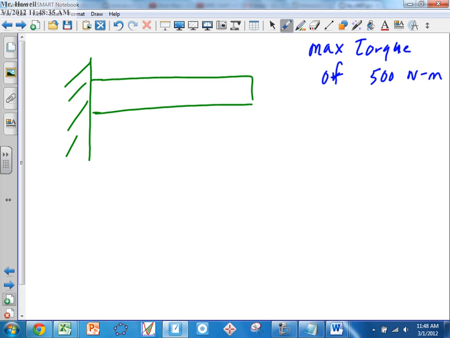If you have plastic versus metal, they're two different things, right? Metal can withstand more. So here, let's say the max torque that this object can have is 500 Newton meters. And somebody's hanging off here, and the person's weight happens to be 50 newtons. We'll say this distance is 2 meters.